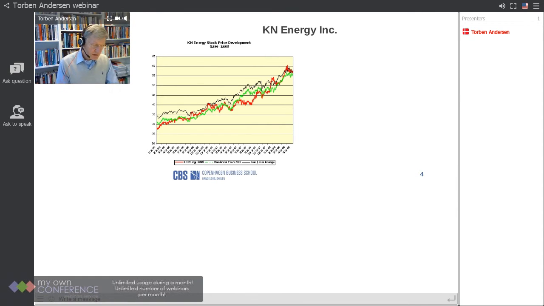To grow the business, they acquired a number of companies in the region, both in different types of distribution, but also different pipeline companies and companies that distributed the energy in the region.